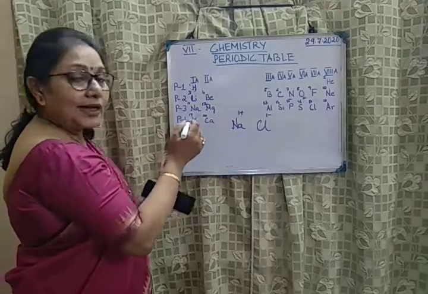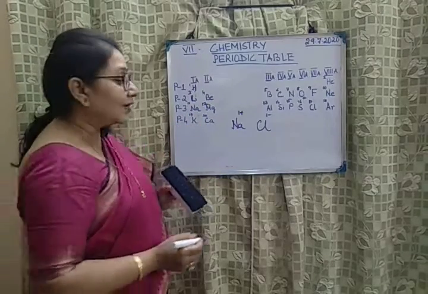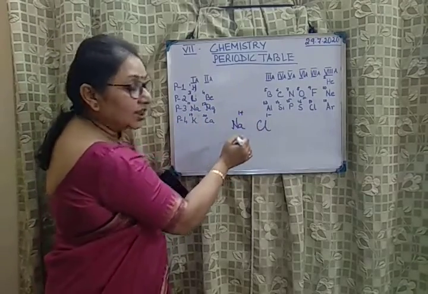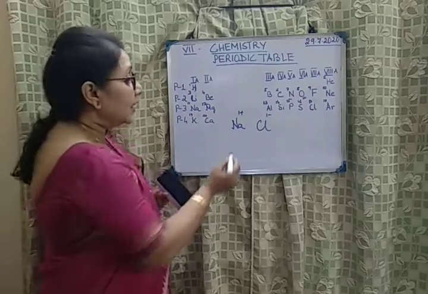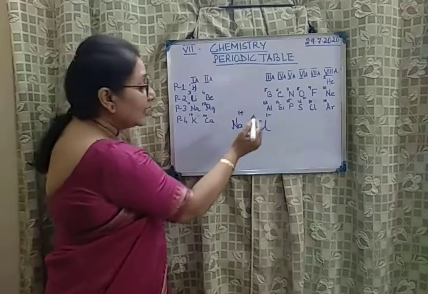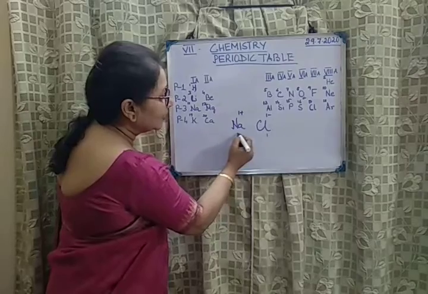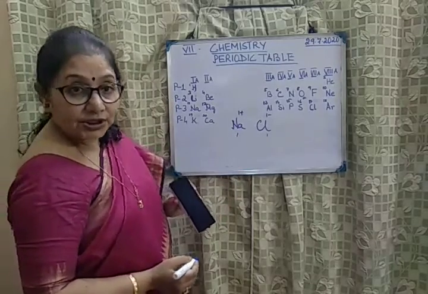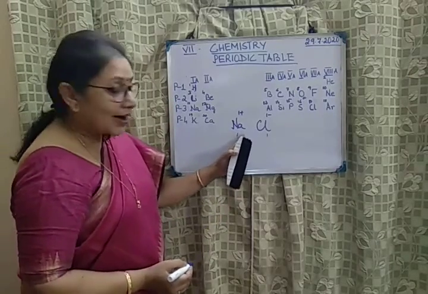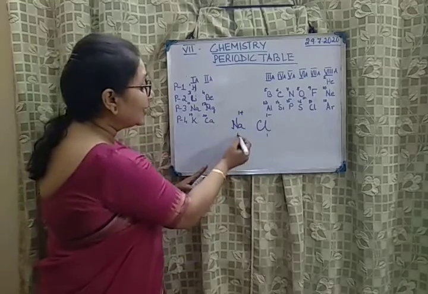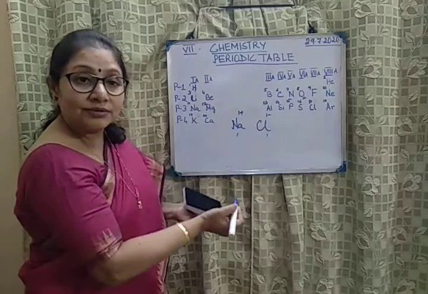We have learned that in order to write the formula of a compound, we need to interchange or crisscross the valency. Here, both being 1, even if you change, this becomes 1 and this becomes 1, so there is not much change. If you are getting 1, if you do not write the number, it also means 1 atom only.